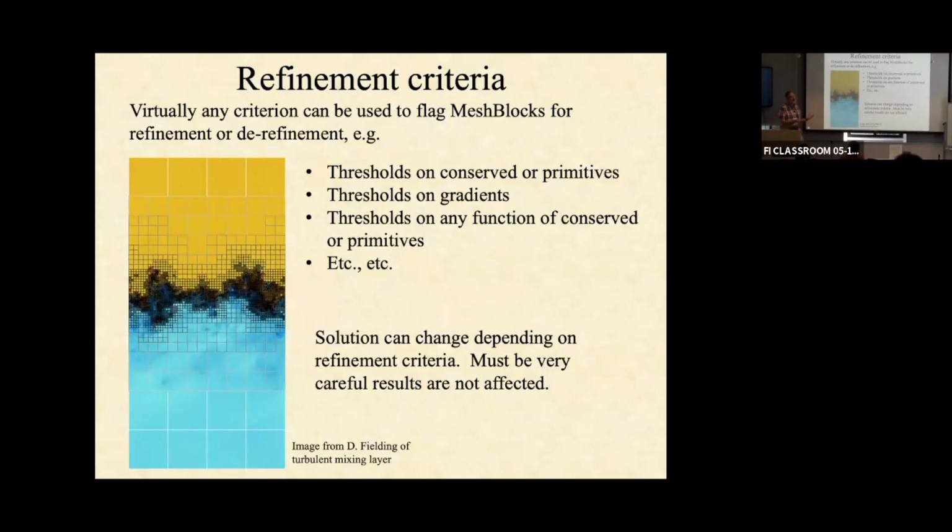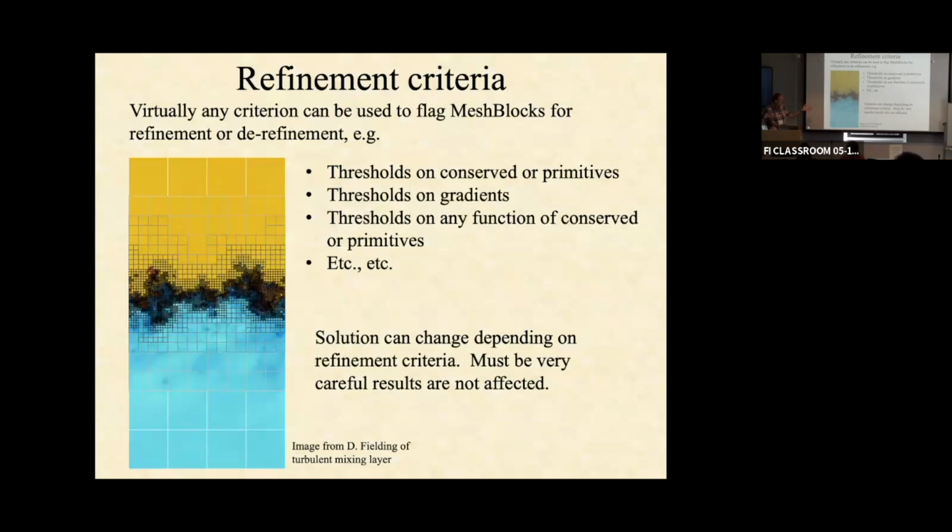You can use gradients. If the gradient of the density is above some value, if there's a shock front there, or the gradient of the pressure is above some value, or any function you like, you can do whatever you like. It's completely free. Those are the most common functions to use, namely thresholds on the density or gradients, but there's obviously complete freedom in what you do.